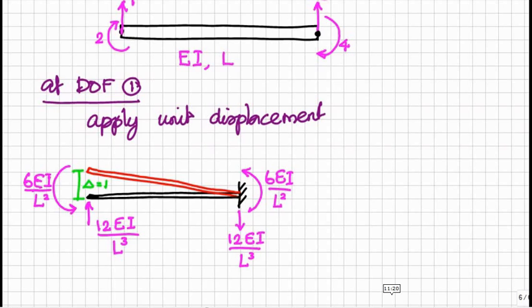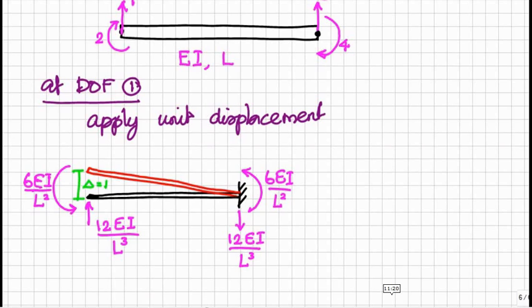Then due to this unit displacement, we get some reaction at that end, that is 12EI delta by L cube, but delta is equal to 1, therefore 12EI by L cube. In other words, to produce delta equal to 1, we have to supply 12EI by L cube reaction or force at that end. So that will develop 6EI by L squared moment.